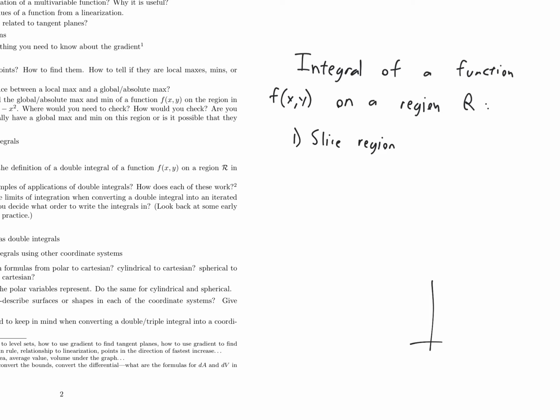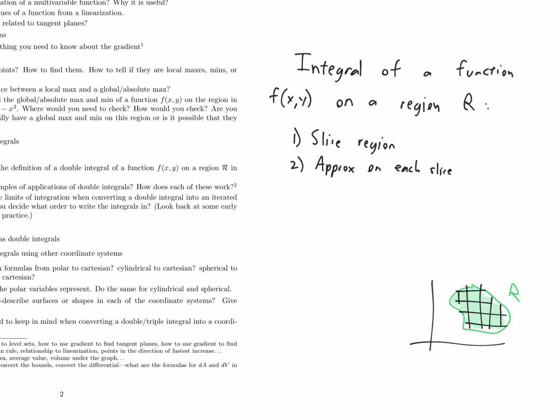So thinking about a picture, if I have a region R, I'm imagining slicing it up into little bits. We've seen how to do this both into little squares in a rectangular grid. We've also done it in polar, and in 3 dimensions we've had a few different ways of slicing our region up. But then the second step is going to be to approximate on each slice.